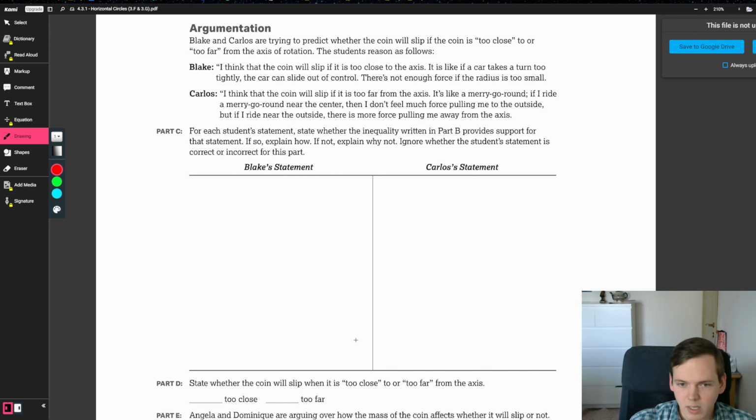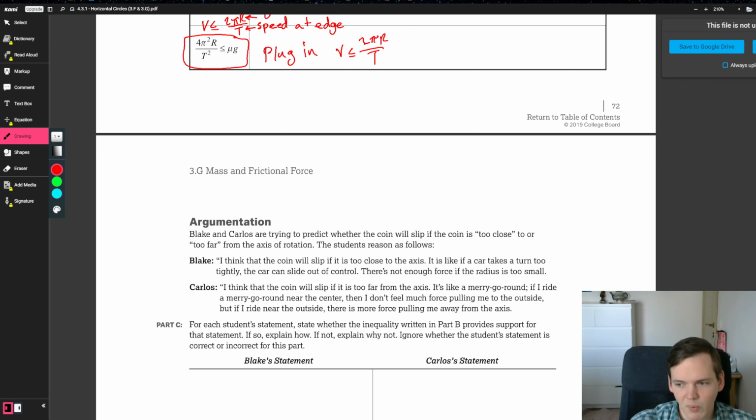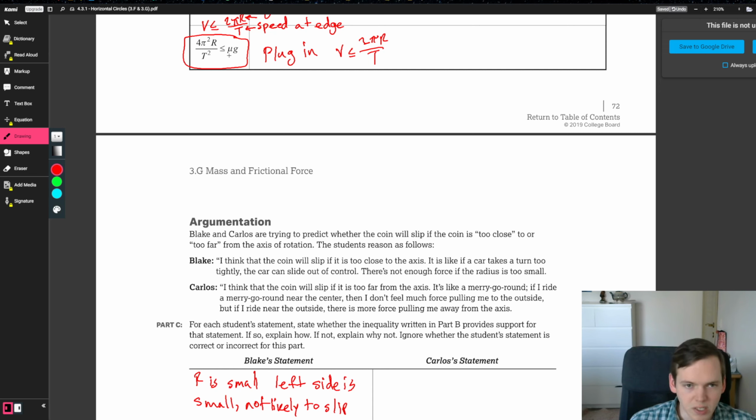So if we look at the previous equation, if r is small, then the left side is small and it's not likely to slip. As you know, mu g is going to be whatever it is.